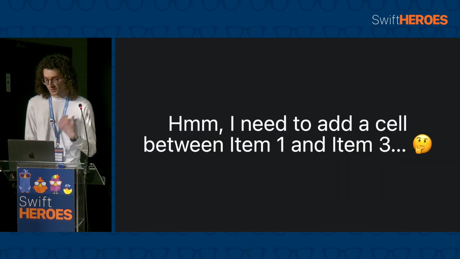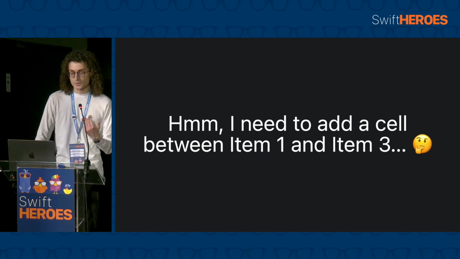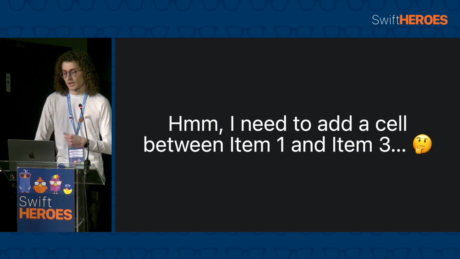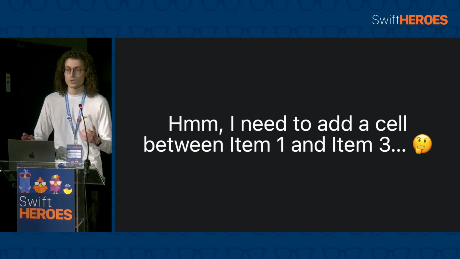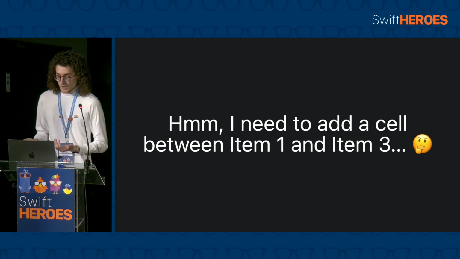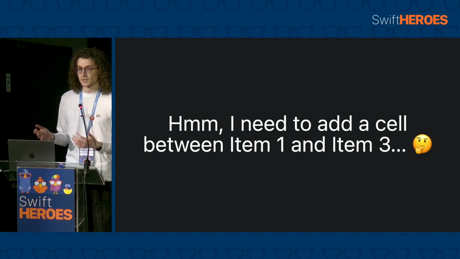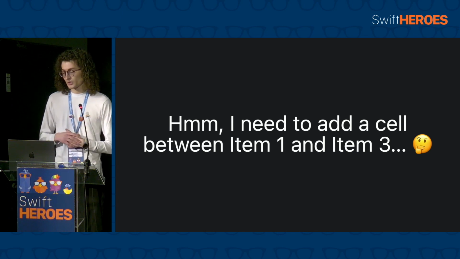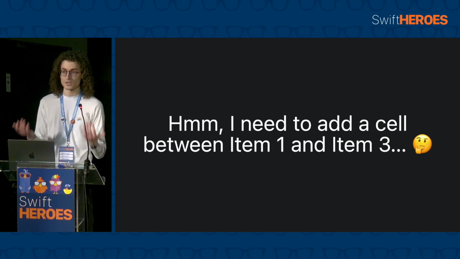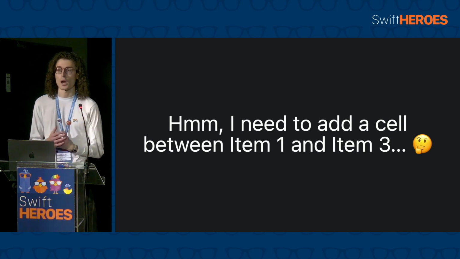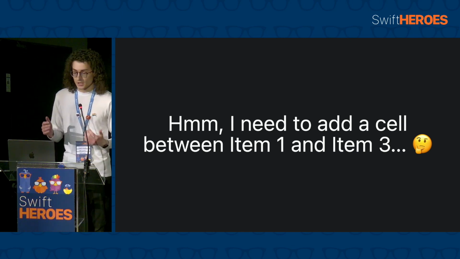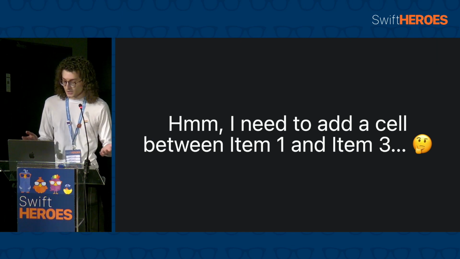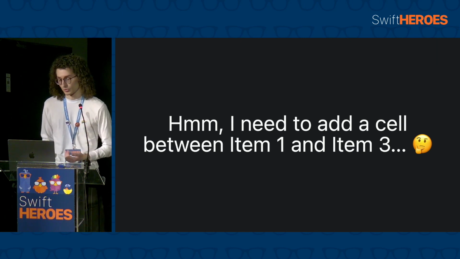So the data source would think, well, now I need to add a cell between item 1 and item 3. So it will add a cell for us. So the thing here is that, as we said before, the diffable data source provides behavior to manage updates to our UI. So it will take care of all of the UI updates for us. And it works with all of the insert, delete, move, and reload operations.